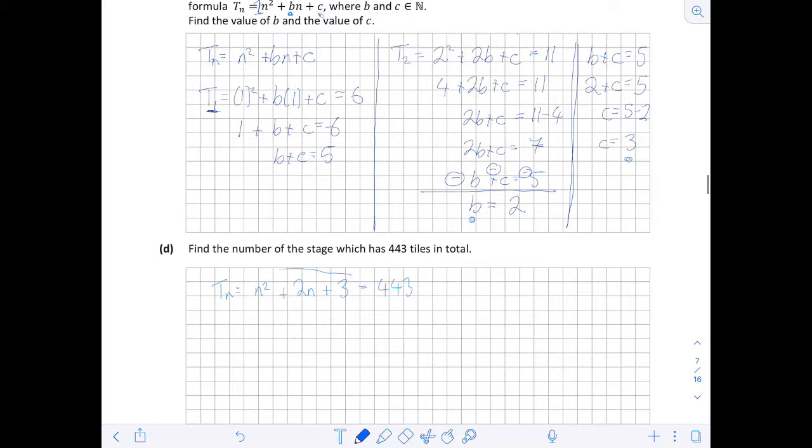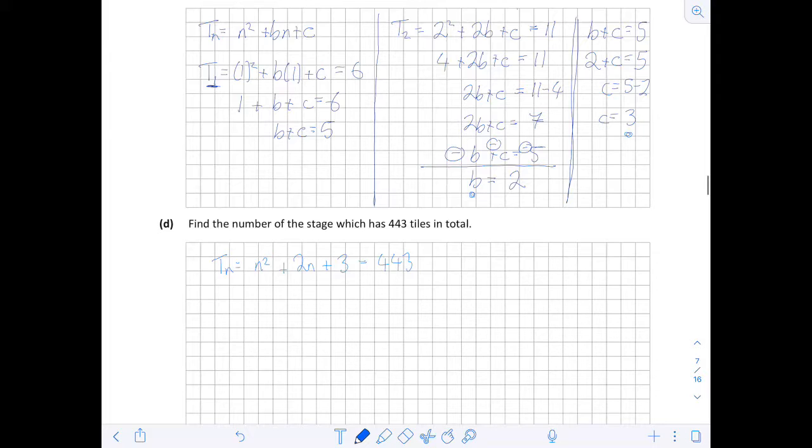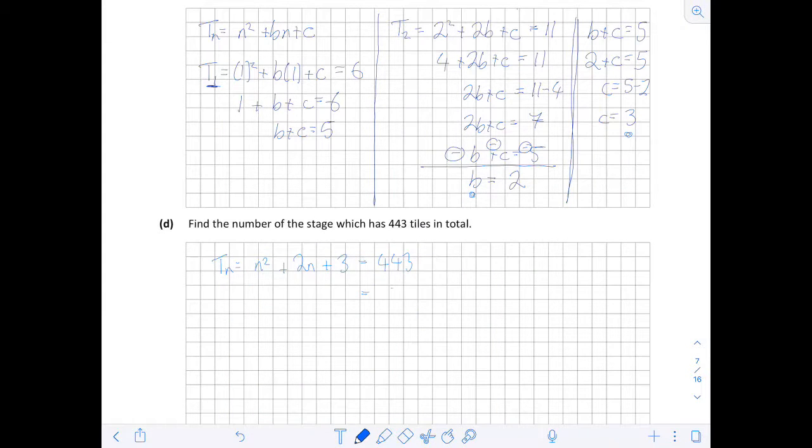Because we want to know, when is this whole thing equal to 443? When does it have 443 tiles? So that's a quadratic equation, but in order to solve it, it must equal what? It must equal 0. So we have n squared plus 2n plus 3 minus 443 is equal to 0. So we have n squared plus 2n minus 440 equals 0.